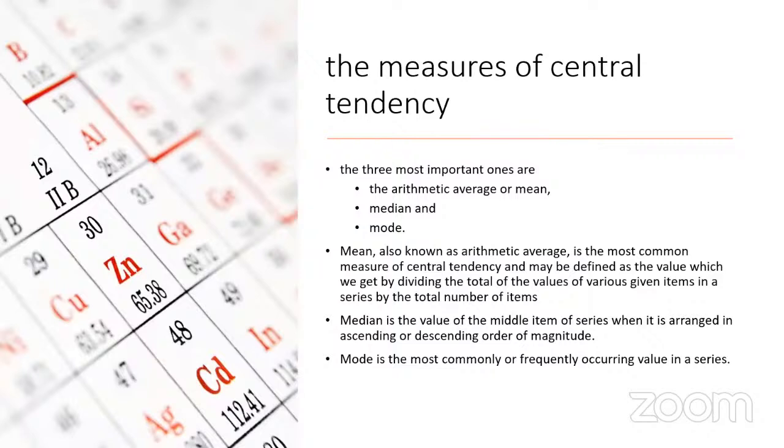If the given scores are even in number, then you take the average of the middle two as your median. So the median is the value of the middle item of the series, checked after arranging them in order of magnitude. Then mode is the most commonly or frequently occurring one.